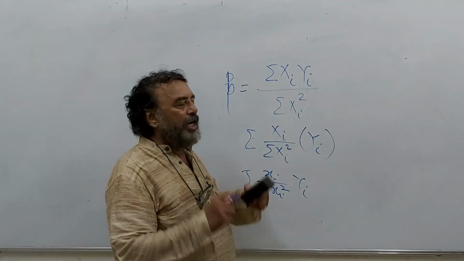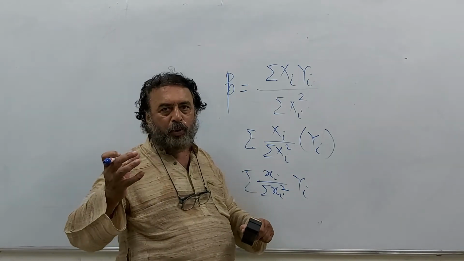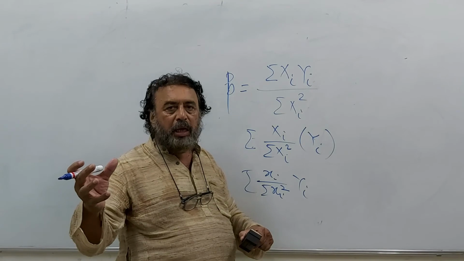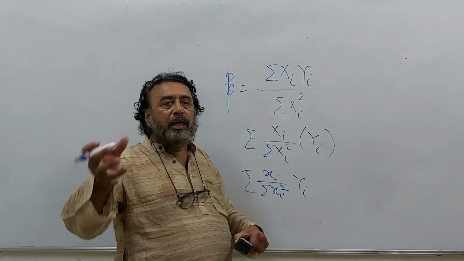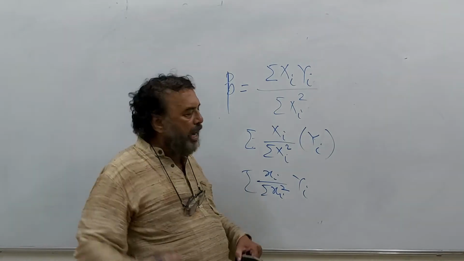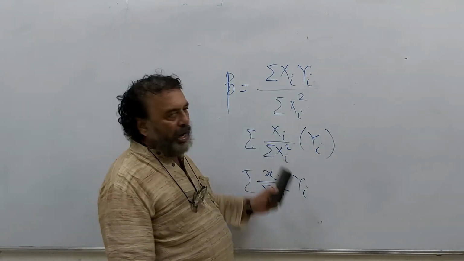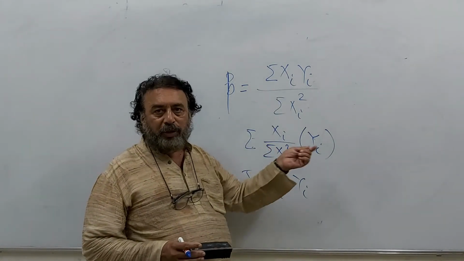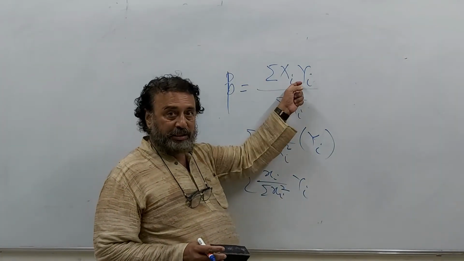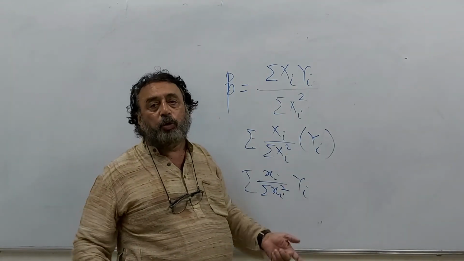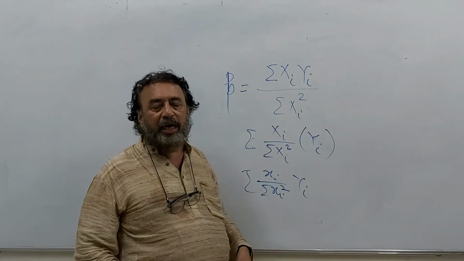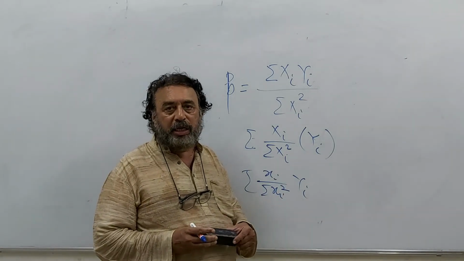To understand this, it is very important to understand both components of the argument: the role played by the nature of random terms, their covariances, their relationship and the interaction they have with respect to x on the one hand, and on the other, in what sense any other estimator such as this, when compared with this, turns out to be less efficient in the sense of having higher variance than the OLS.